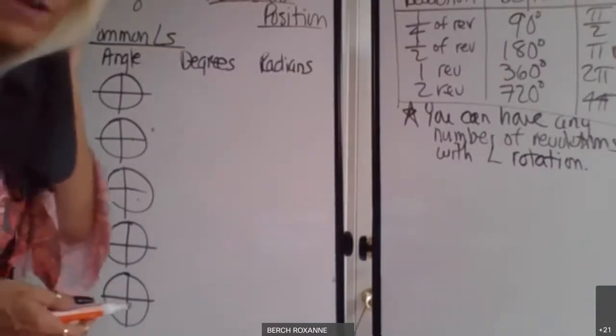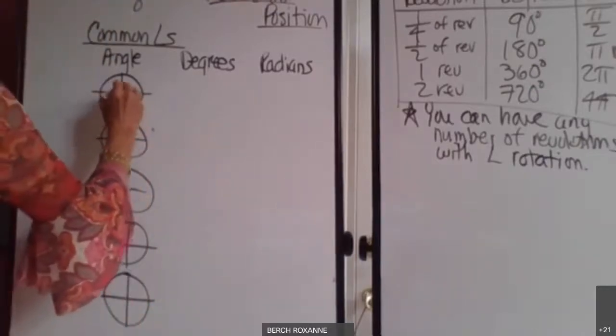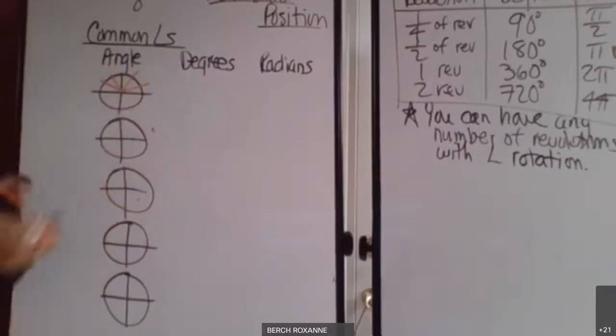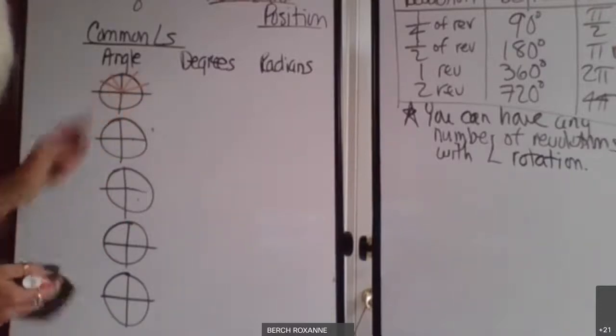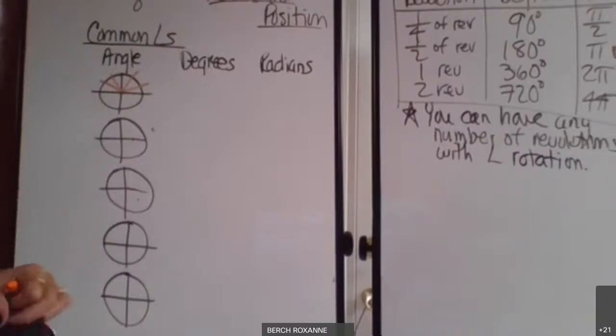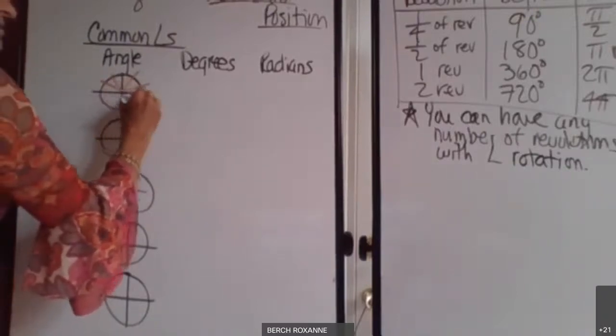If I divide the top into 6 parts, 1, 2, 3, 4, 5, 6. Can you see those are equal parts? Yeah, there's 6 equal parts. What if I asked you what this angle is?